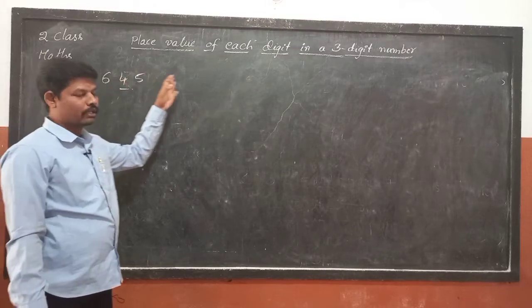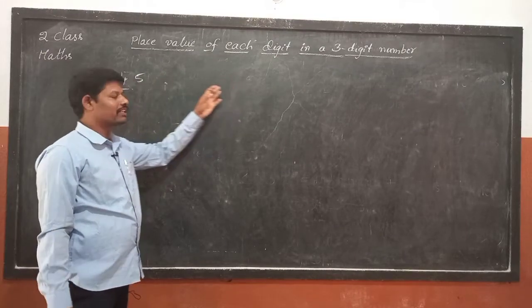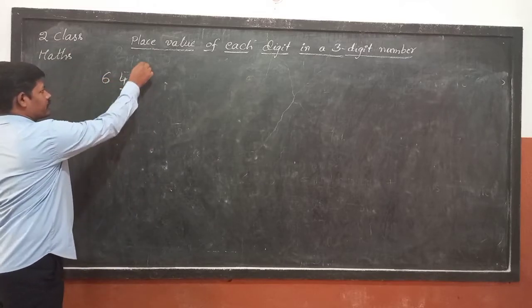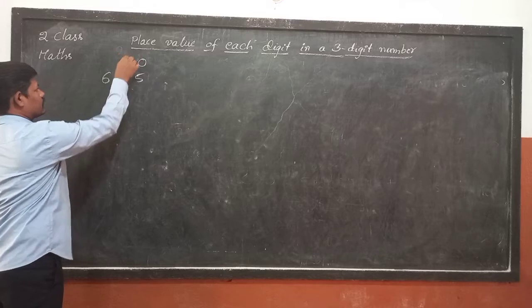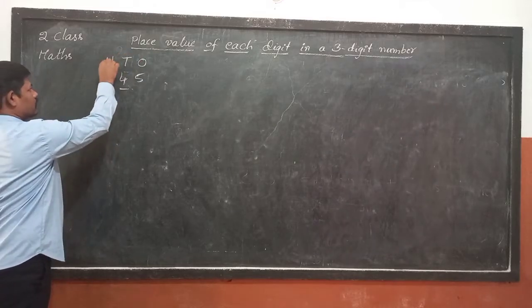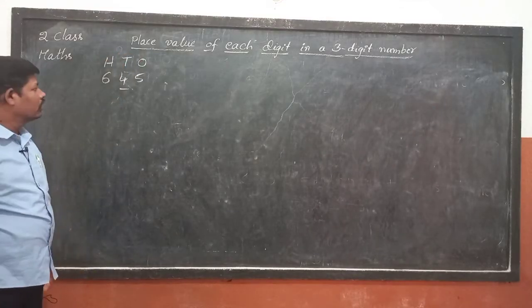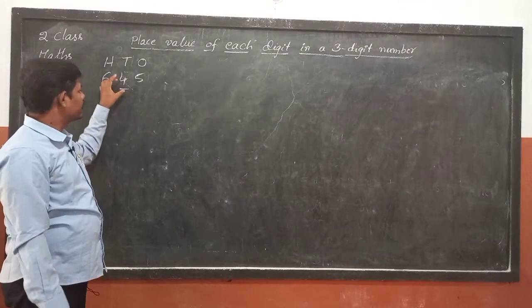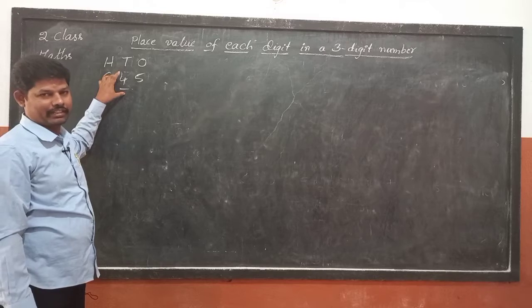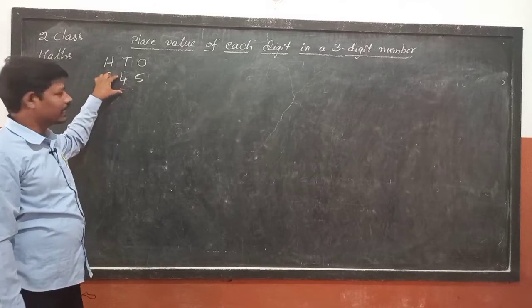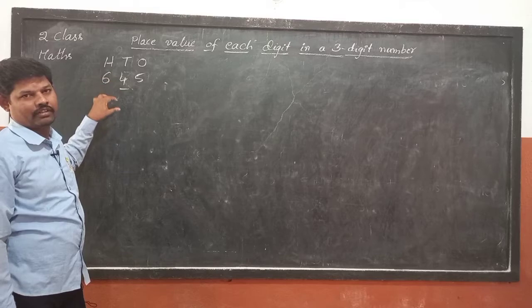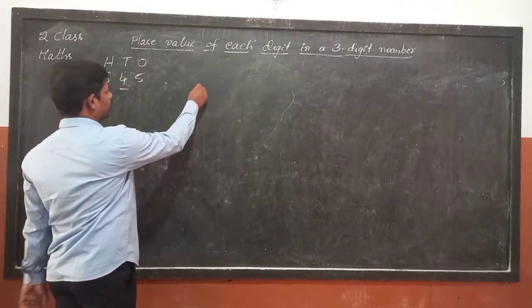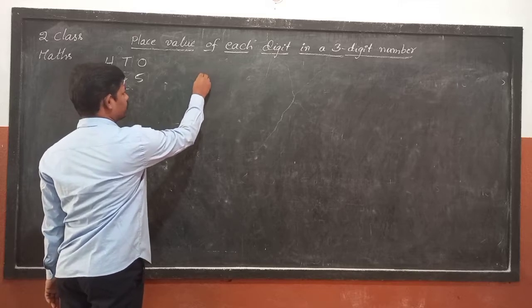And we have to write the place value of the underlined digit. So this is the ones place, this is the tens place, and this is the hundreds place. First of all, we have to identify the place of the underlined digit. What is the place of the underlined digit here? Tens place. So we will write tens place.